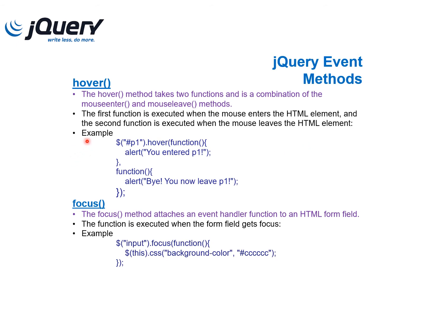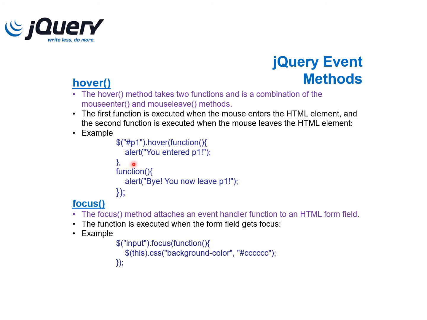So here we have an example code: $("#p1").hover(function(){alert("You entered p1");}, function(){alert("Bye! You now leave p1");}). In the hover function, two methods are defined. The first function will be executed when the mouse enters the HTML component with ID p1.